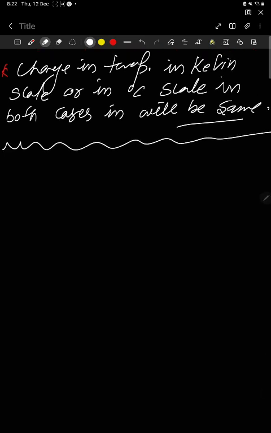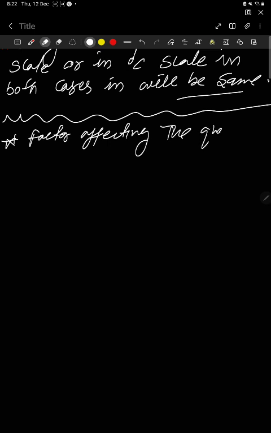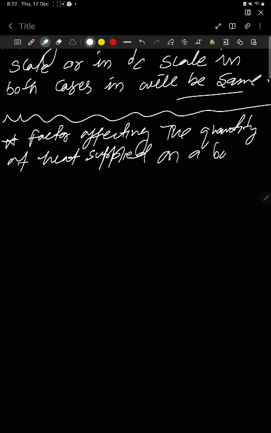Now let's study some other concept. So this one is factors affecting the quantity of heat supplied on a body to raise its temperature.